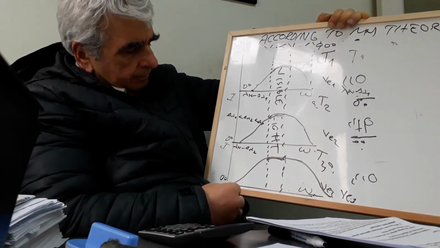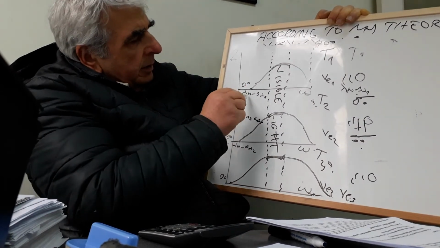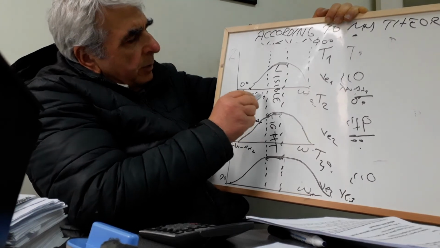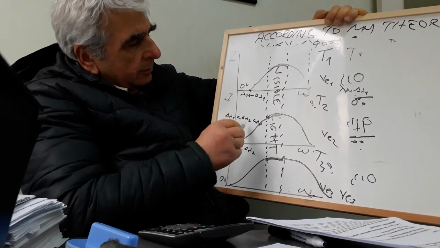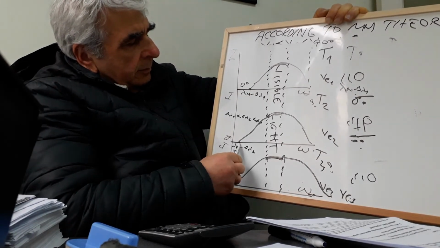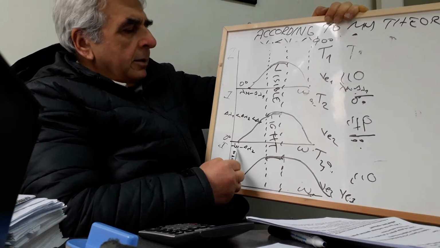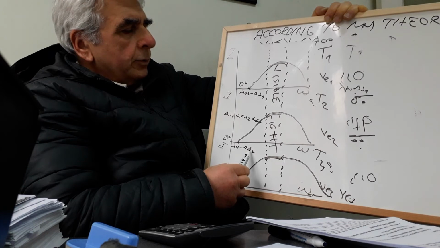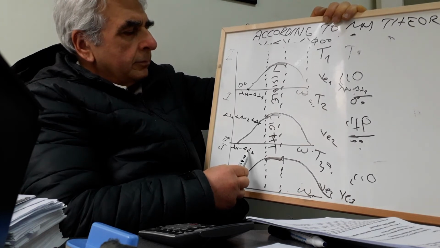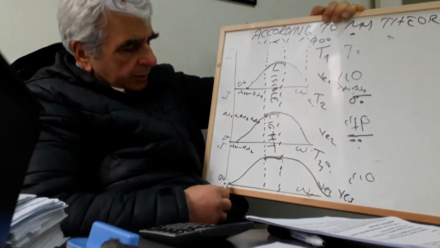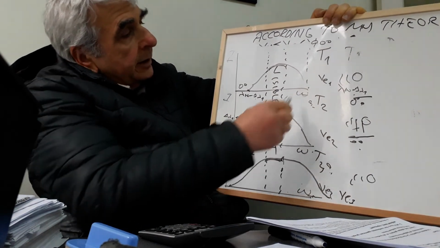Okay? Lambda n minus delta lambda 1, lambda n minus delta lambda 2, smaller than this, smaller than this.